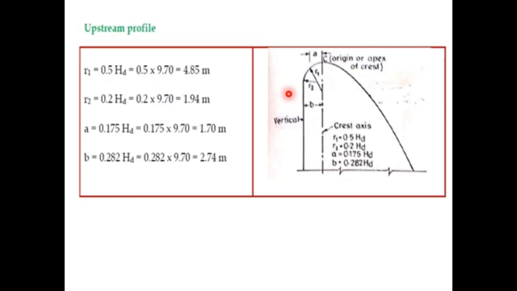And we have discussed three problems where a number of trials have to be done, and how these trials are done till the particular values remain the same in different trials. Then, knowing the discharge, the effective length and the design head, we can go ahead with the downstream profile calculations as well as the upstream profile calculations.